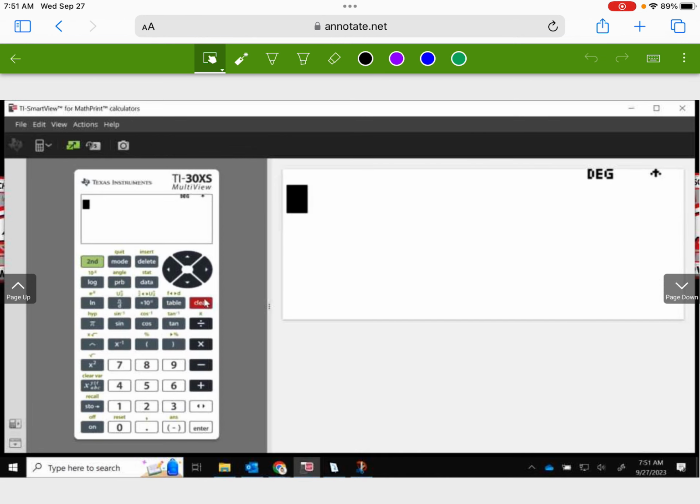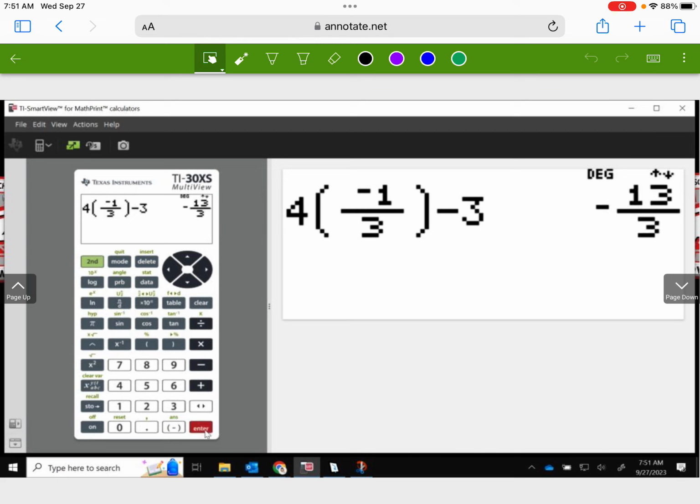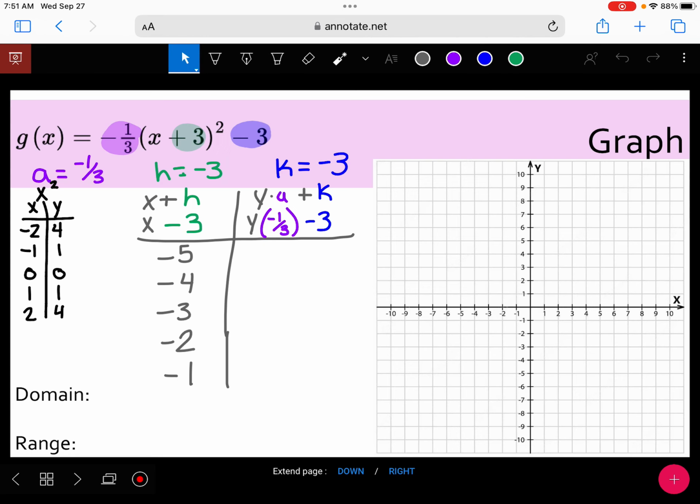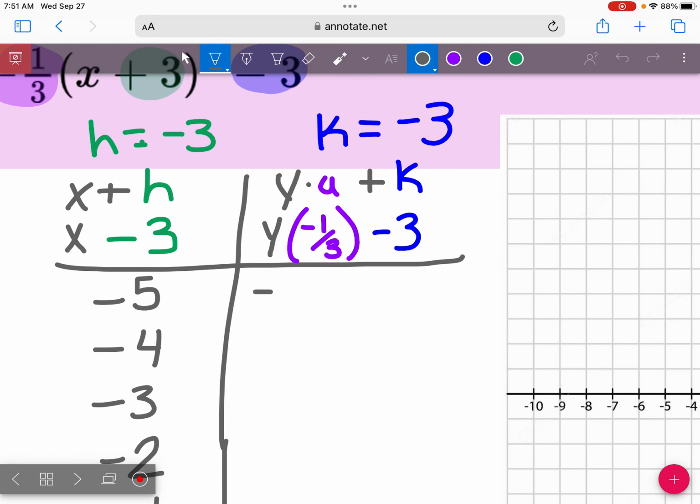So we can take our y value of 4 times the fraction (-1/3) minus 3, and just type it in like that. And we get -13/3, which is fine, but really hard to graph. So -4.3. Gross, but doable.